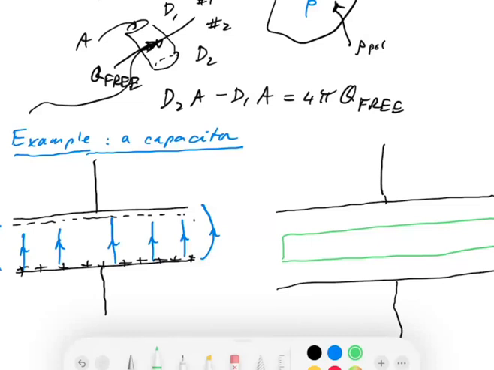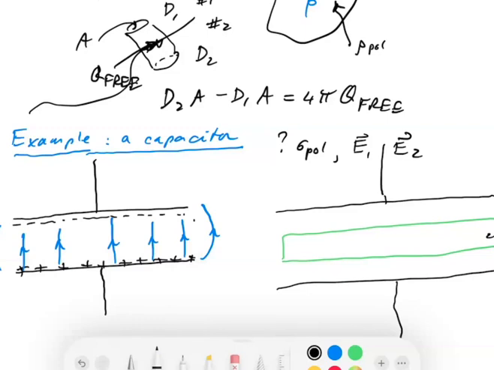And so I want you to draw sigma polarization, E1 and E2. Let's call this 2, and then call this 1.